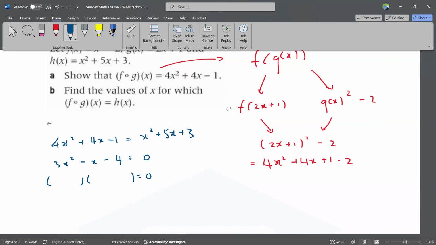Because I did 3 times -4 to find the common... Send me a photo of your working. I'll have a look. That's very strange. All right, but anyway, while you're taking the photo, Adriana, did you get how I got to this step here?